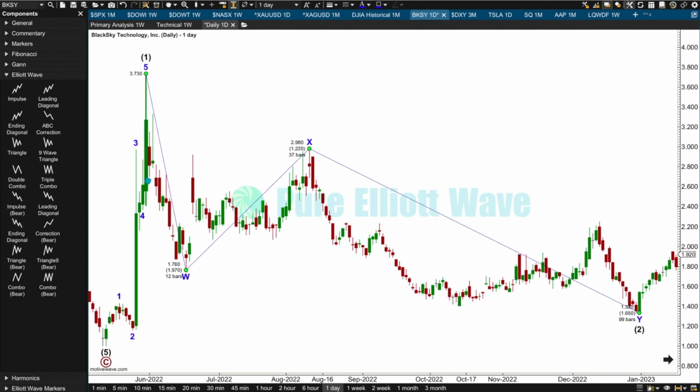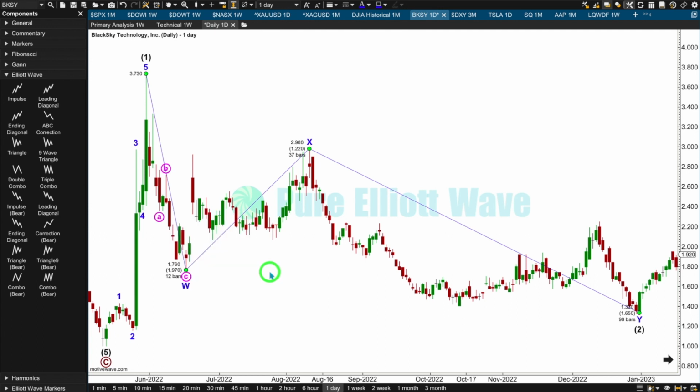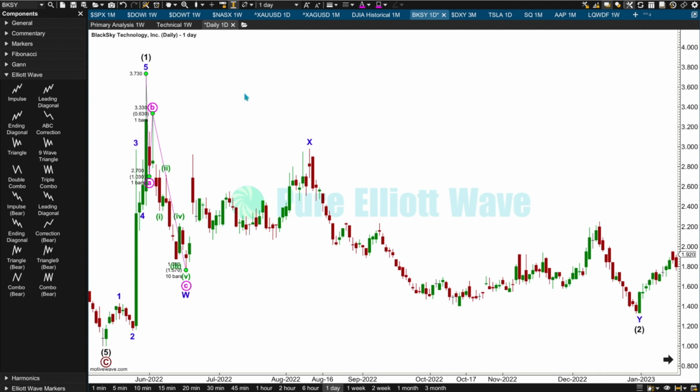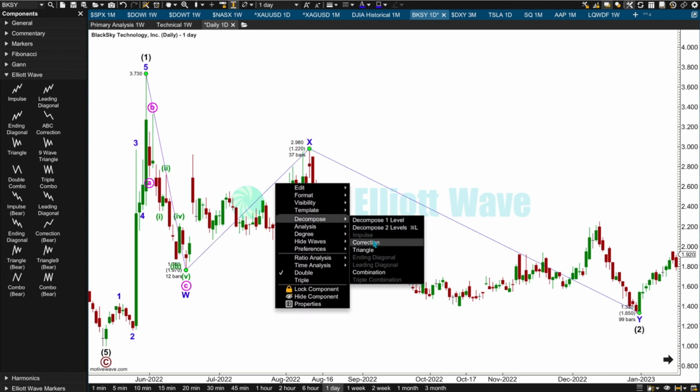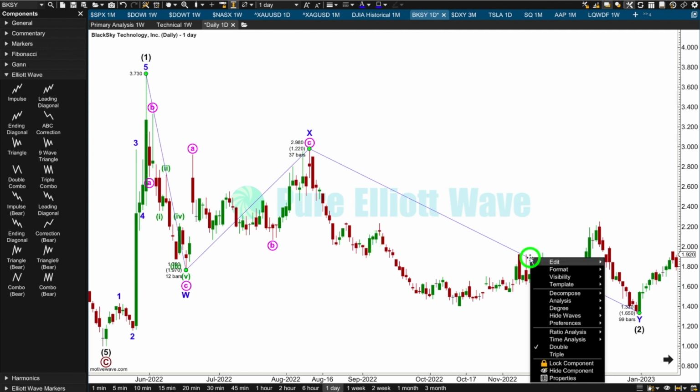Let's count the subdivisions. 1, 2, 3, 4, 5, 6, 7. That's a corrective number. So let's put a correction in here. No, and I think we've got a short A, sharp B, extended C. Yeah, that looks good. X is going to subdivide okay. Y looks like a 3, doesn't it?